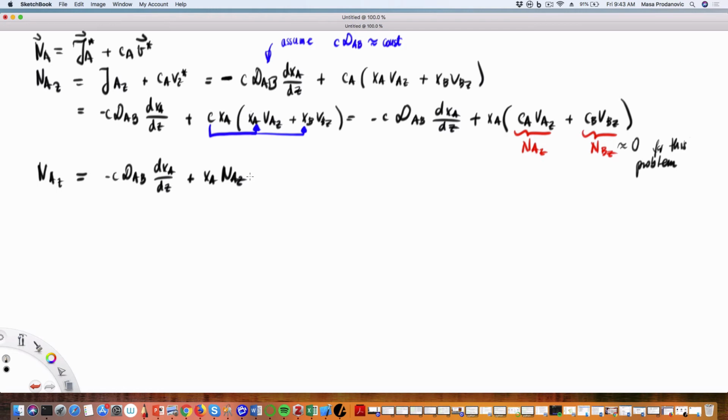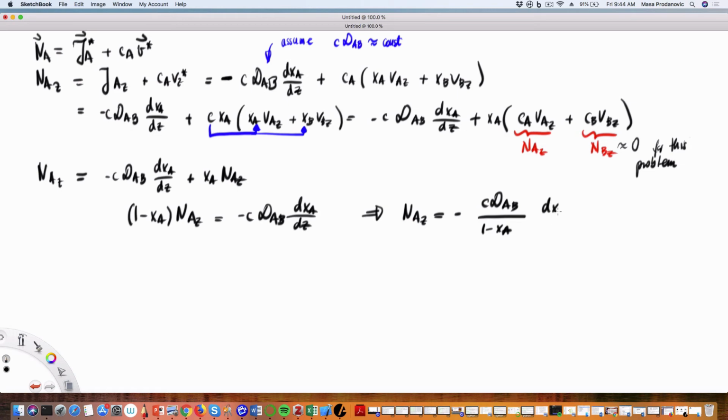So basically, this gives me that 1 minus XA NAZ is minus C DAB dXA/dZ. So my NAZ is minus C DAB divided by 1 minus XA dXA/dZ.